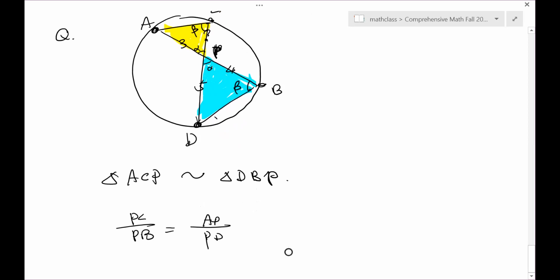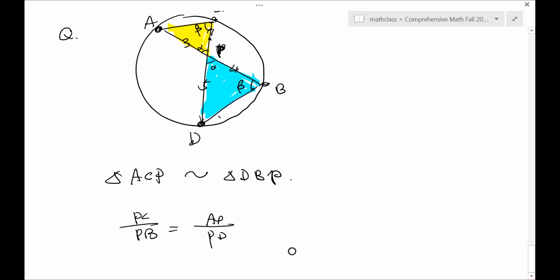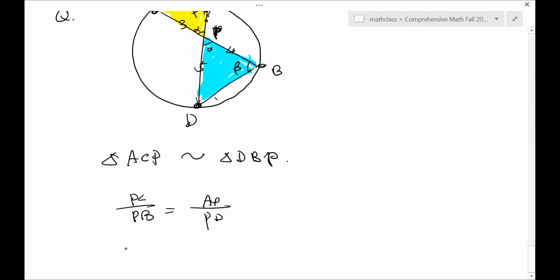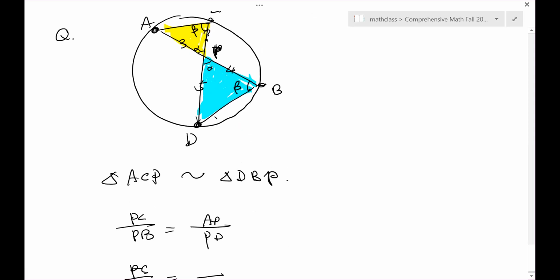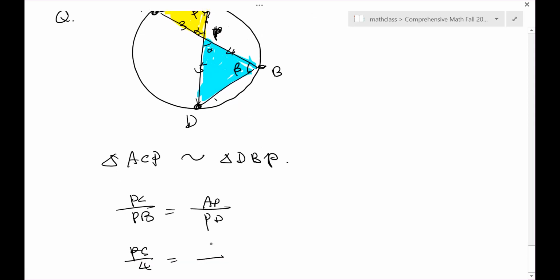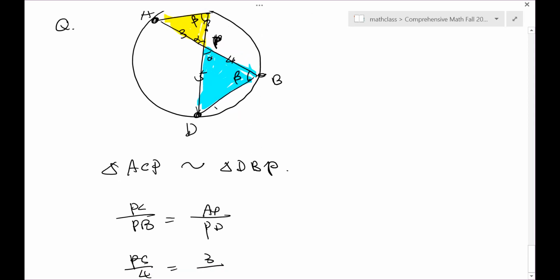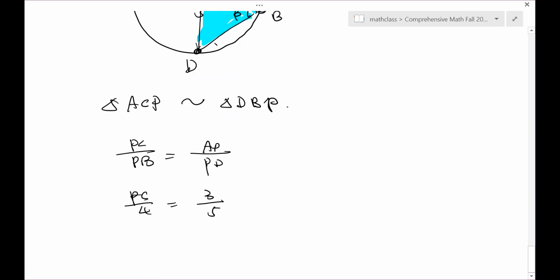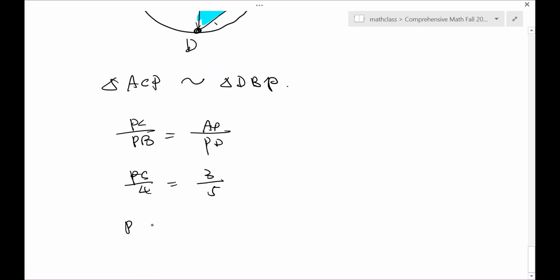We don't know PC, but we already know PB, that is 4. AP is 3 and PD is 5. So PC is 3/5 times 4, which is 12/5.